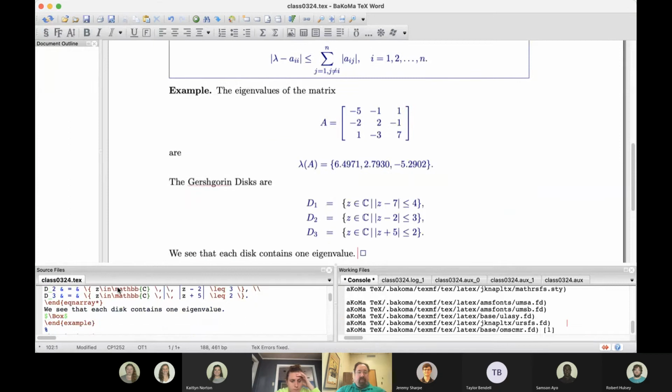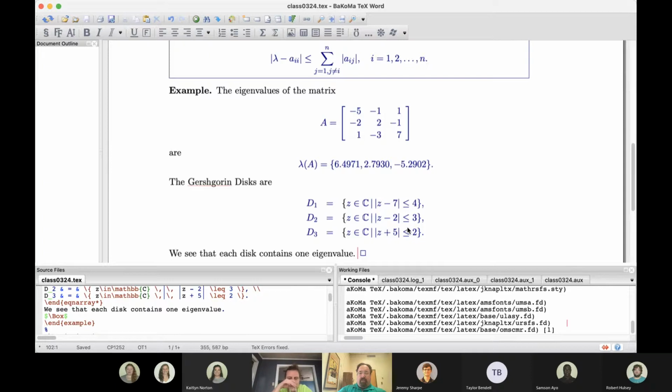Okay, but to give an example of the Gershgorin theorem. Here's a matrix, and these are the true eigenvalues. The Gershgorin disks come from taking the diagonal entries of A and making those the centers of the disks. Then for each row, like for this row, we add up the absolute values of the off-diagonal entries, and that gives us a radius.